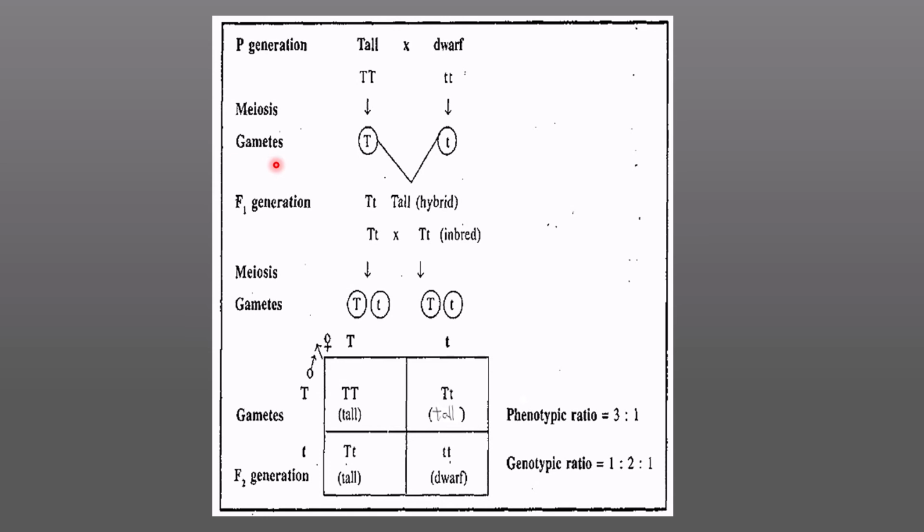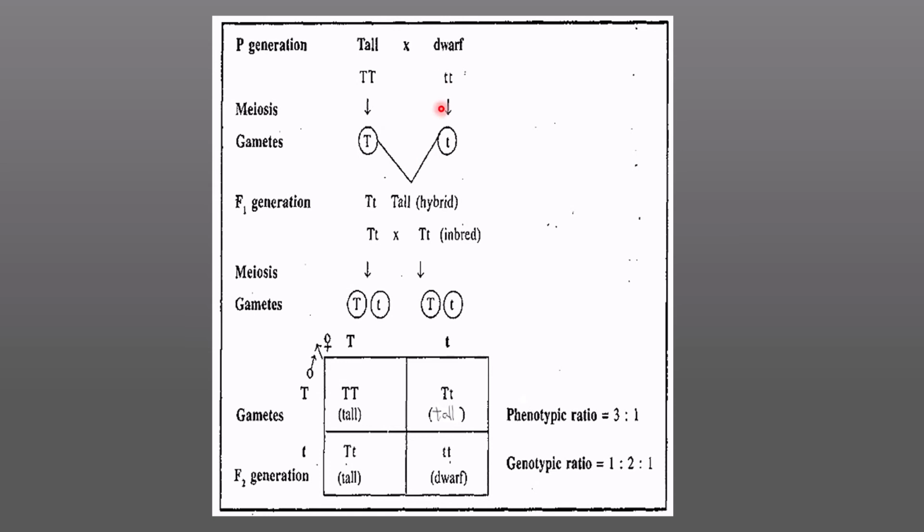At the time of gamete formation, the members of the gene pair, that is each of these alleles, separate from each other, and the chromosome number is also reduced to half in the gamete. The pair of genes present in the homologous loci separates from each other, so that the gamete has only one gene in it.